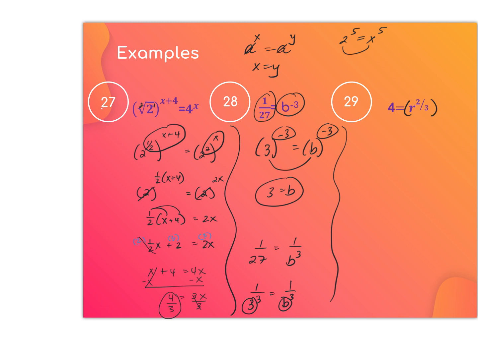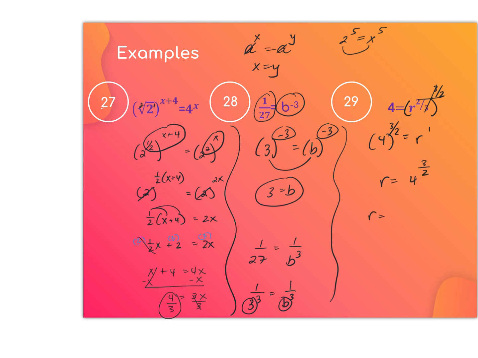So for example, if I raise it to the reciprocal, remember that if I multiply reciprocals, they end up equaling 1, okay? So if I do the same thing on this side and raise this to the 3/2 power, that's what r in essence equals. R equals 4 to the 3/2 power.